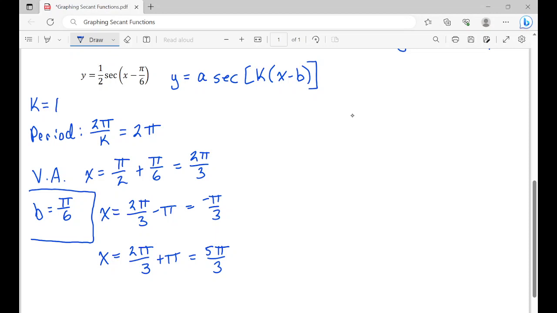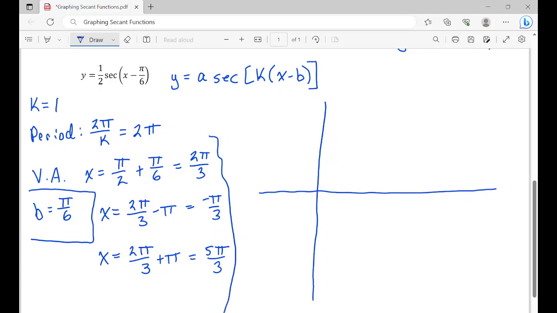So now I'm going to graph my secant equation. And so I'm going to have right here, block that off. So negative pi over 3 for this asymptote.